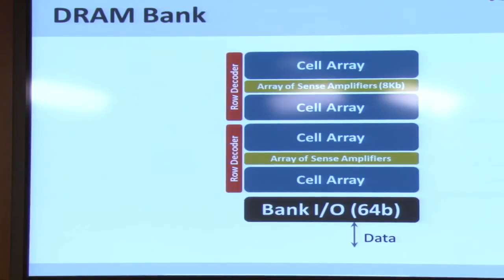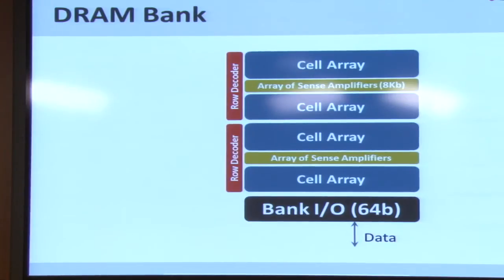Just to give some numbers here, the subarray is around 8 kilobits wide, which means each row in DRAM contains 8 kilobits. But the bank I/O logic, which reads data from the sense amplifiers and sends the data out, is only 64 bits.